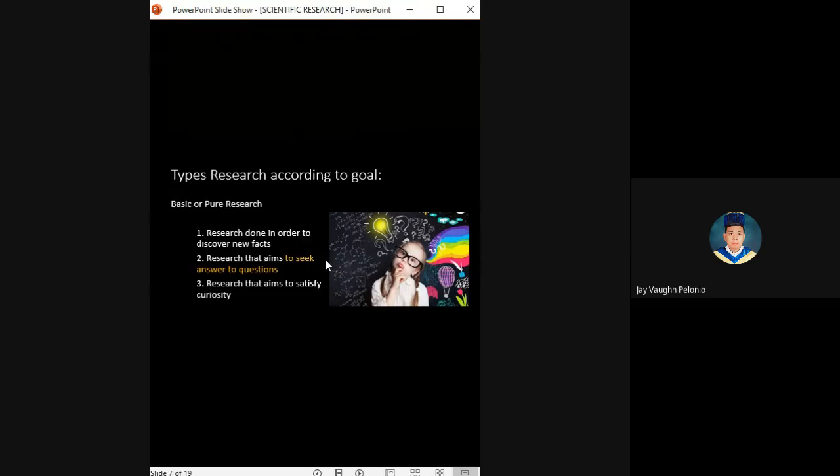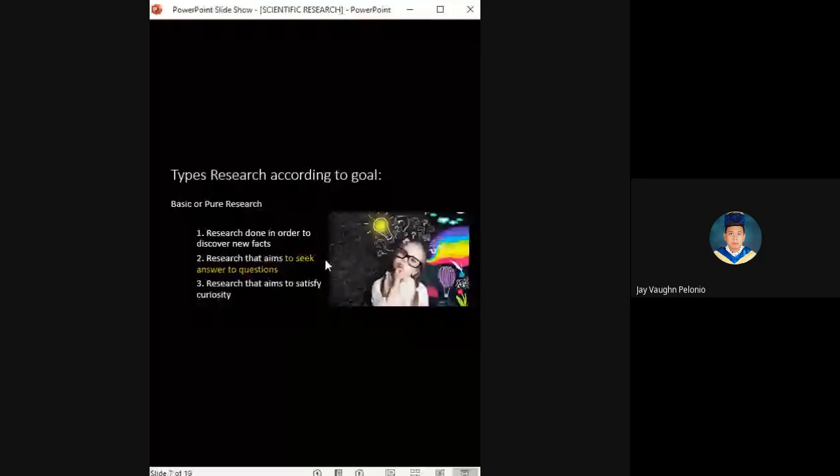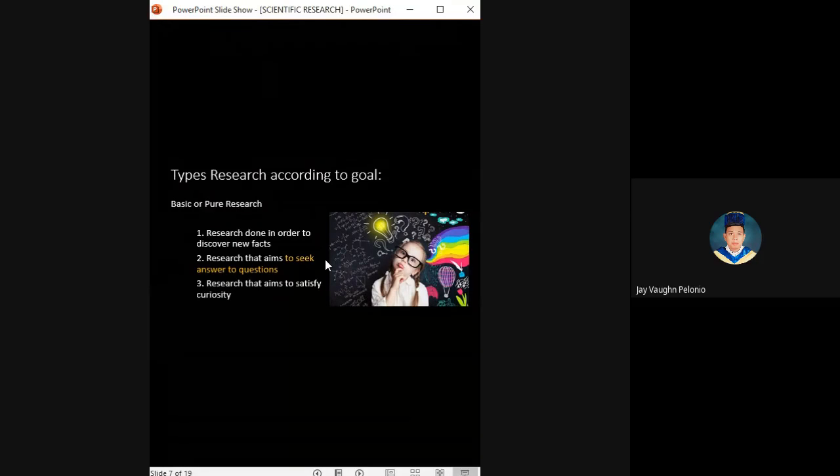Types of research according to goal. First is basic or pure research. Research done in order to discover new facts. Research that aims to seek answers to questions. Research that aims to satisfy curiosity.